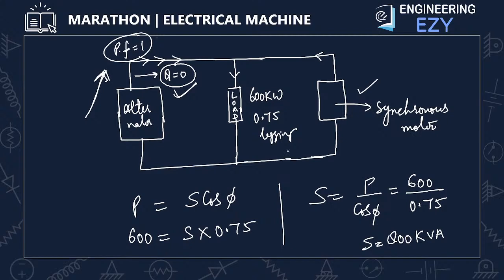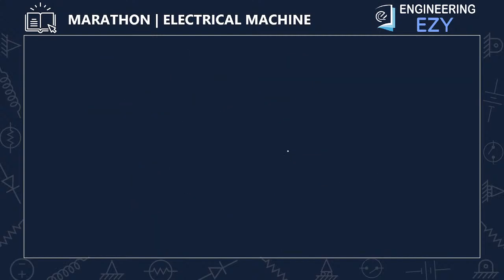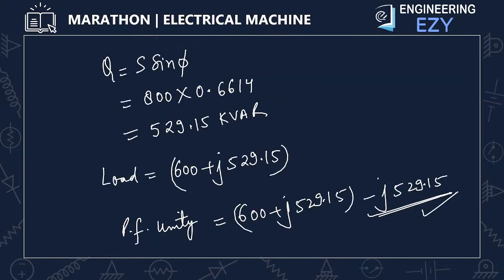In the unity case it is simple, because the total reactive power becomes zero, so we can calculate the reactive power easily. But if the power factor is not unity, how can we solve it? It is a good question. Gajendra, it is noted. I will take this question in the next marathon.